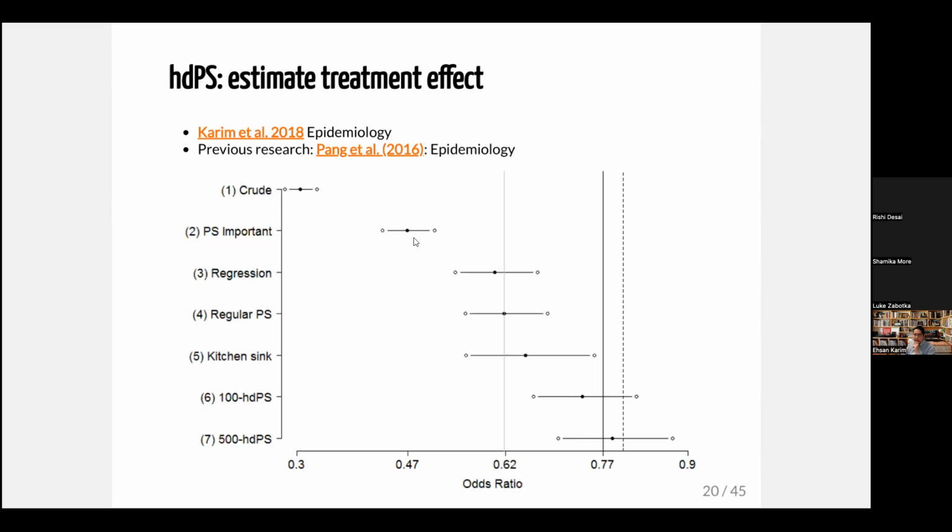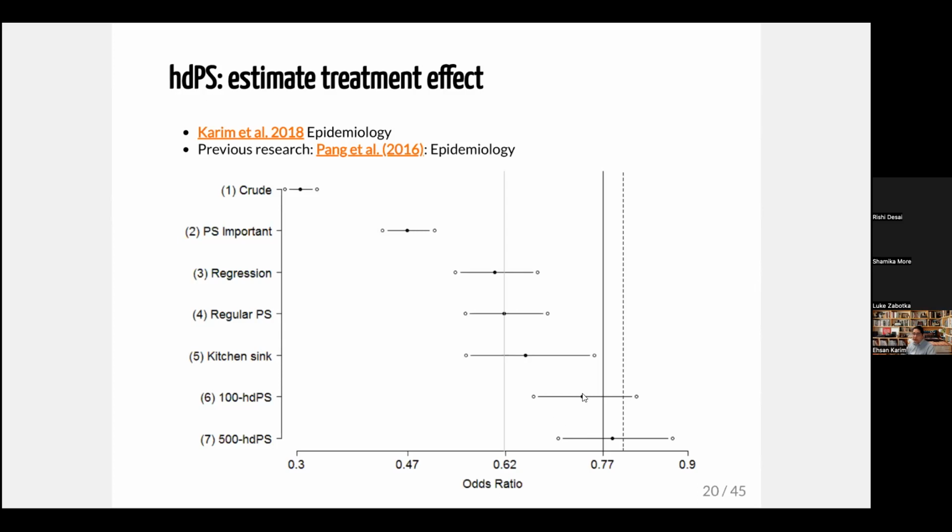Then we included 5 important covariates, and that brought our odds ratio to 0.47. Then we did our regular propensity score analysis, including 5 important and 24 potential confounders, in total 29 covariates only, and our odds ratio went to 0.62.